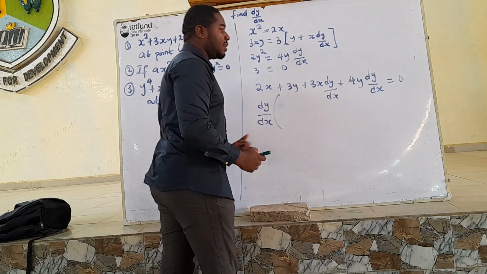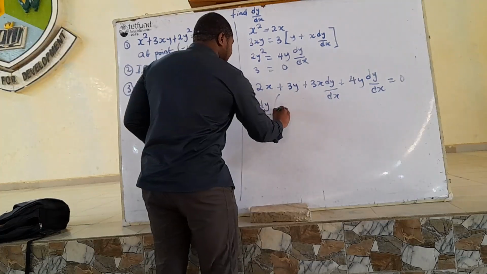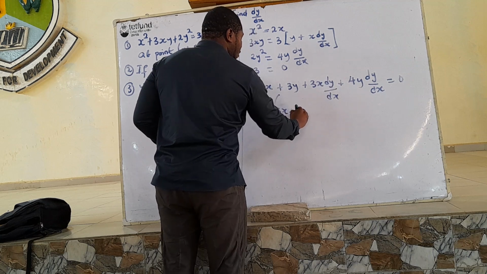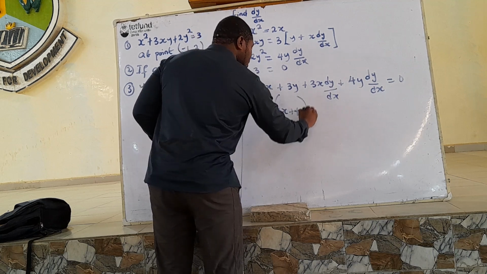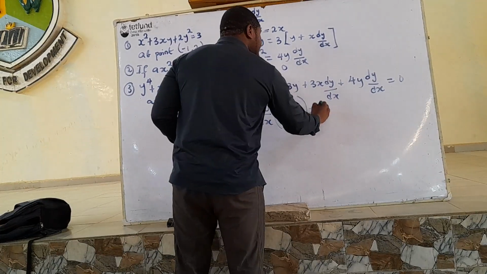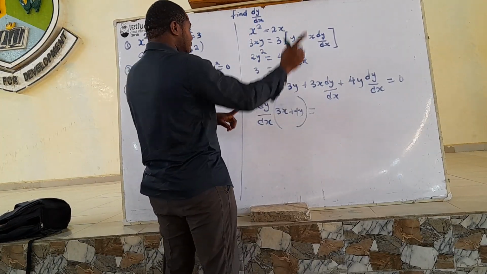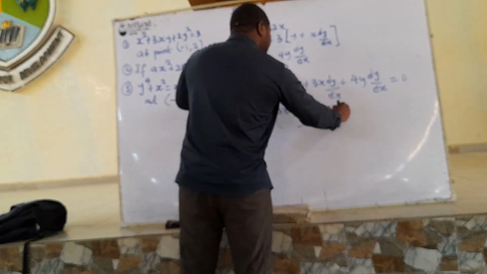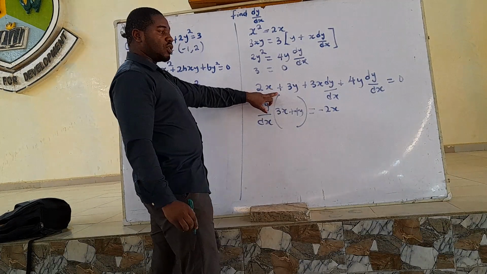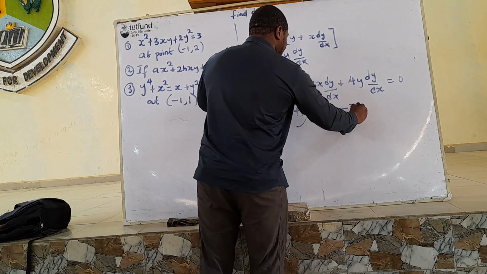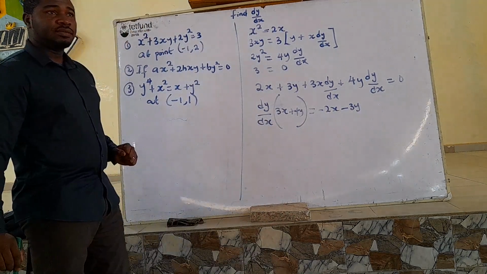What is remaining here? Fantastic. 3x. What is remaining here? Plus 4y. Can you see how I factored it? Now, what will be across the equality sign? I will move this guy first. It will be minus 2x. I'm going to move this one also. So it's going to be minus 3y. Can you see?